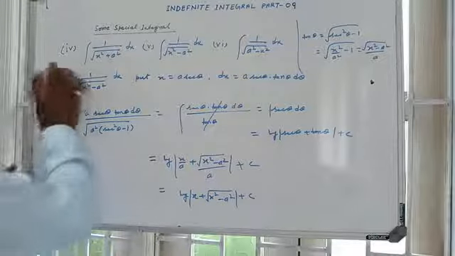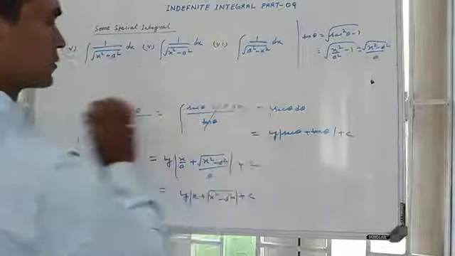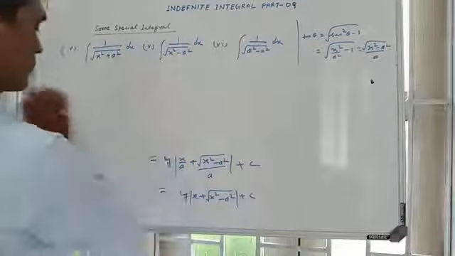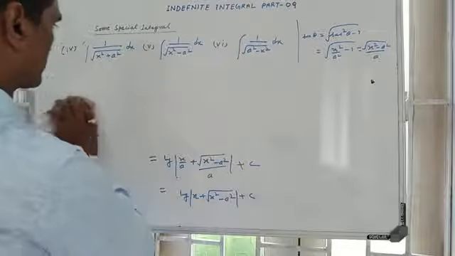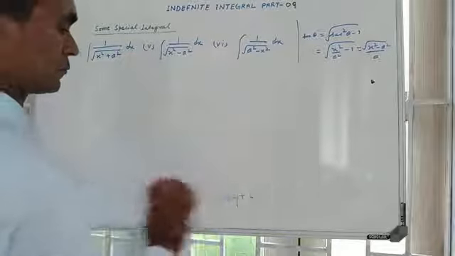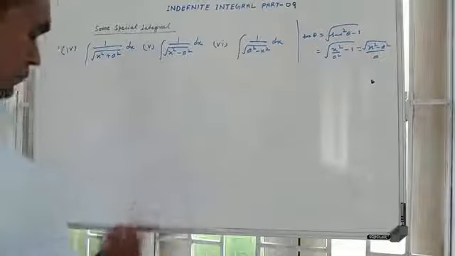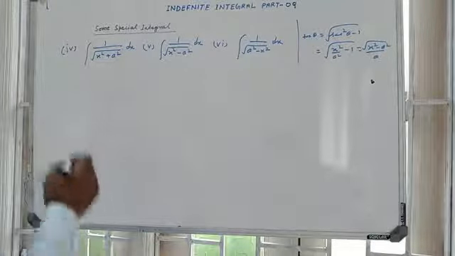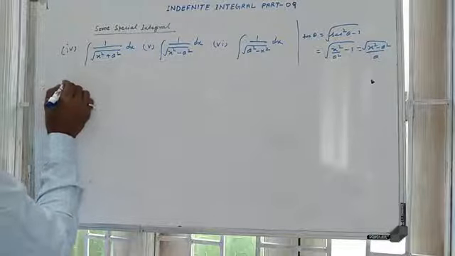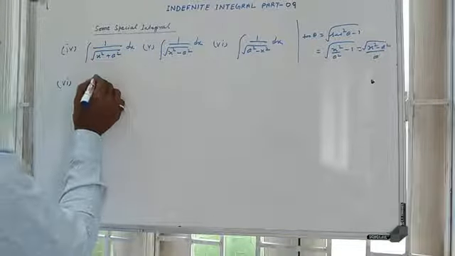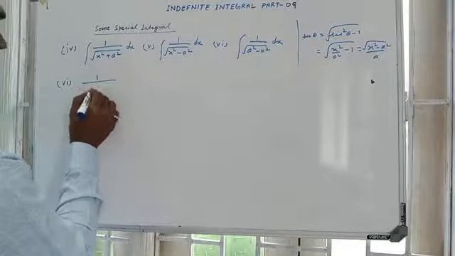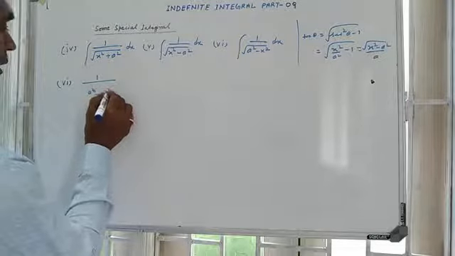Sixth one is 1 by root of a square minus x square.